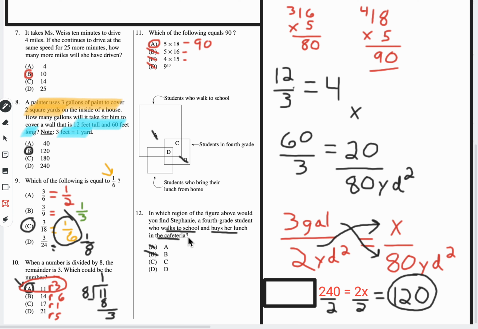So she can't be in region D. These students bring their lunch from home. And through process of elimination here, we arrive at C. Stephanie is in region C. C is the answer.